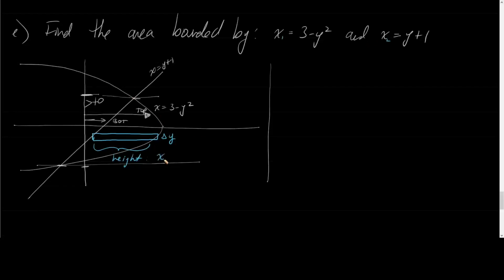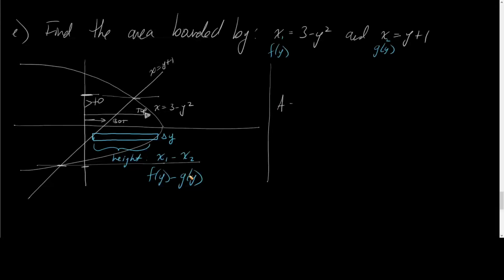So it's going to be x sub 1 minus x sub 2, right? Those two different functions there. So if I call this f of y and this g of y, you could think of this as f of y minus g of y, all right?